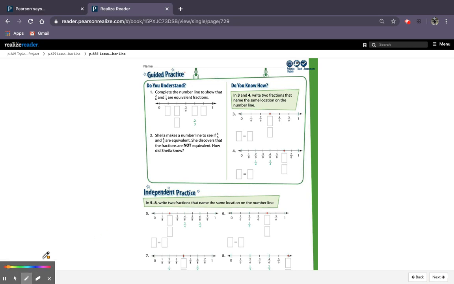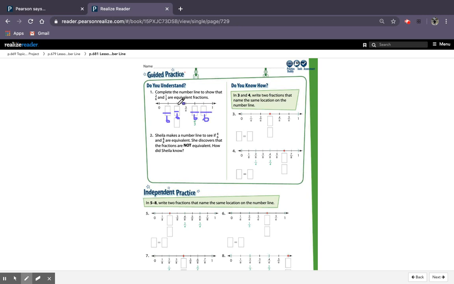First, it says, do you understand? It says, complete the number line to show that 2/6 and 1/3 are equivalent fractions. So they don't include the second number line in this one. If you feel more comfortable drawing another number line and adding one in, you're more than welcome to. But I already see that six is my denominator for all of my top ones, in my top number line. So I'm just going to make 6 my denominator for all of them.